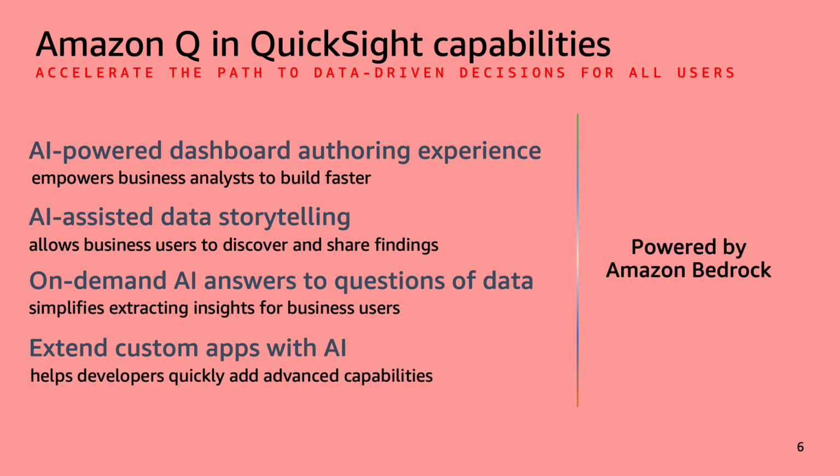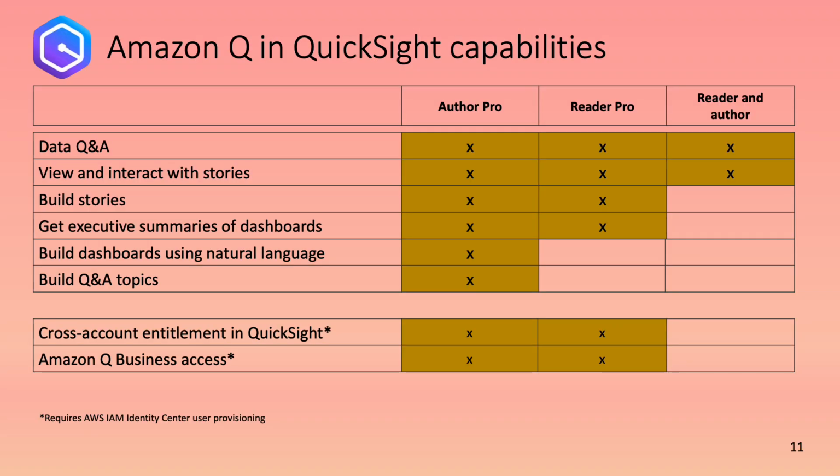So kind of offering advanced analytics, more accessible and more actionable for all users within the organization. As far as capabilities, this is based on user types like Author Pro, Reader Pro, Reader, and Author.